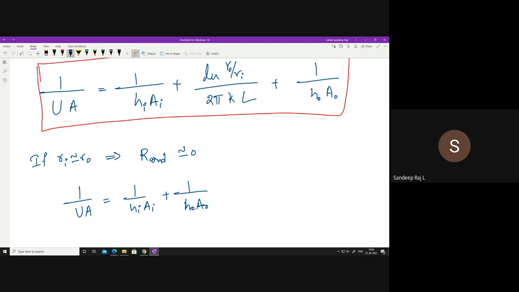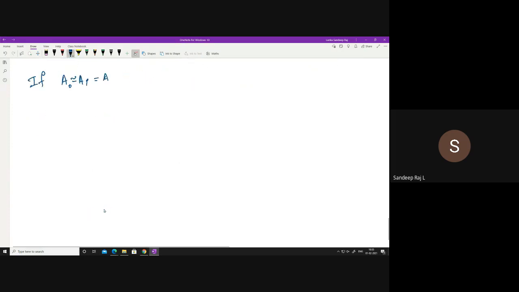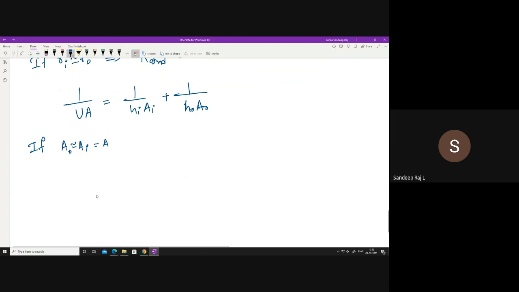If you take further simplification, that is, area outer and area inner are almost equal to the overall area, then this equation will turn out to be 1 by U is equal to 1 by hi plus 1 by ho.